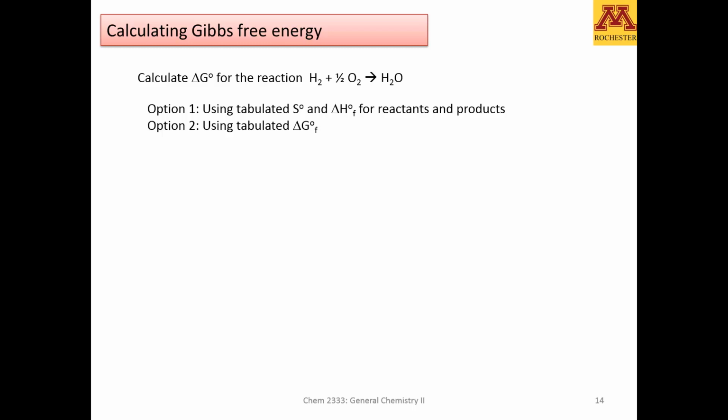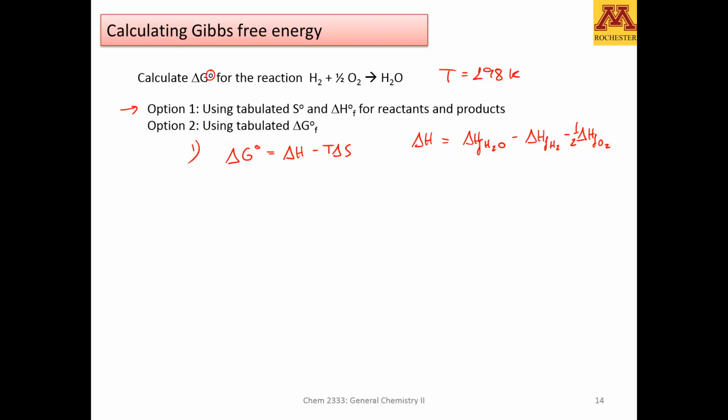So let's do that. Let's calculate the change in Gibbs free energy, and because it's standard, that means the temperature is 298 Kelvin for this reaction. If we use option 1, we need to know the enthalpy and we need to know the entropy. So the enthalpy of the reaction will be the enthalpy of formation of water minus enthalpy of formation of hydrogen minus 1/2 the enthalpy of formation of oxygen.